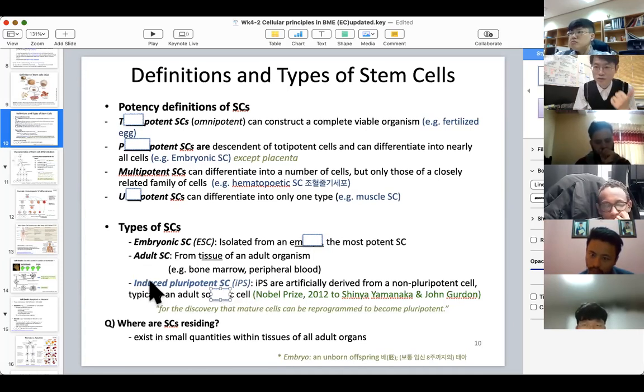So this is induced by transcription factors, going back from a somatic cell into a pluripotent stem cell. And that paper is in 2006 in Cell.